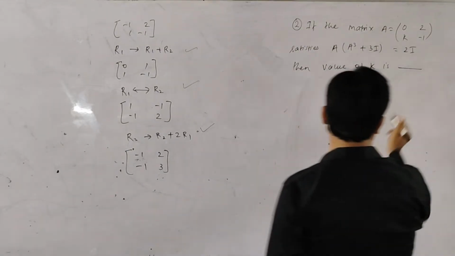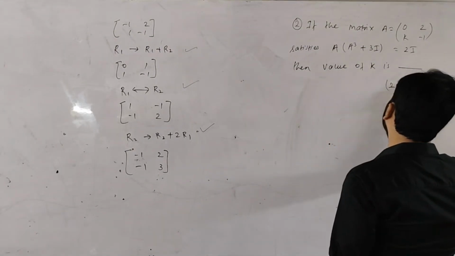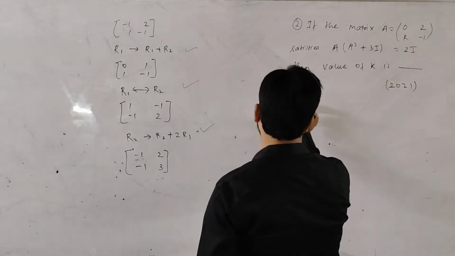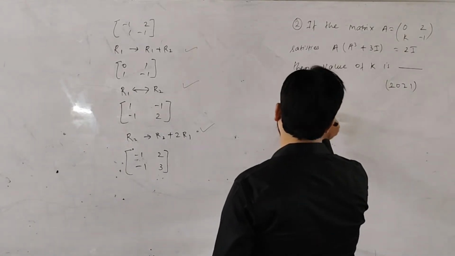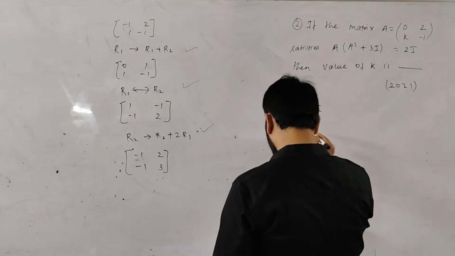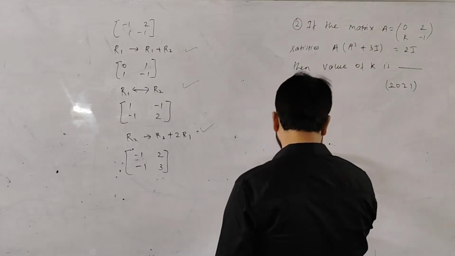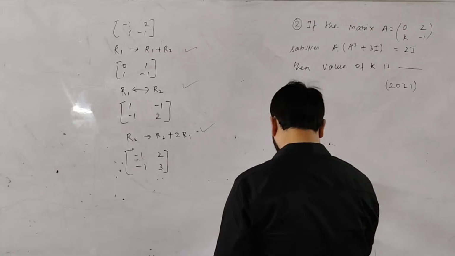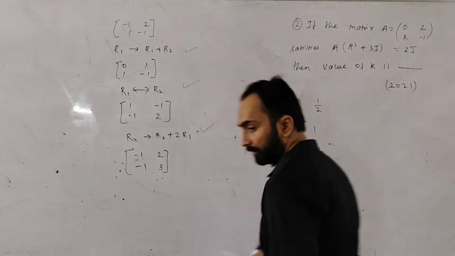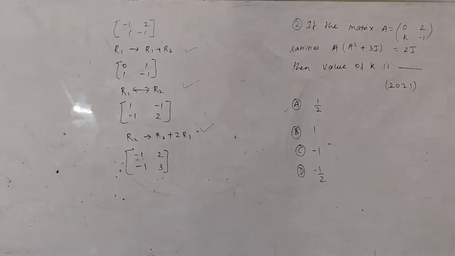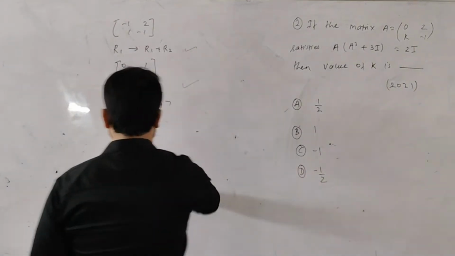And this is from the year 2021. Options are given as: A is half, B is 1, C is minus 1 and D is minus 1 by 2, correct? So these are the 4 options given. Now see how we can solve it.